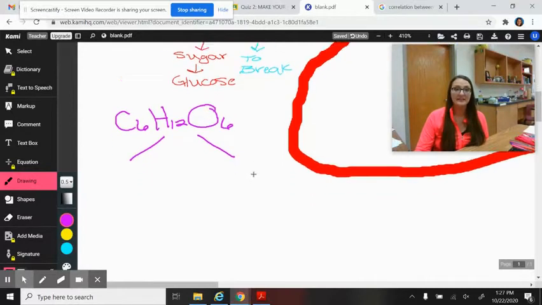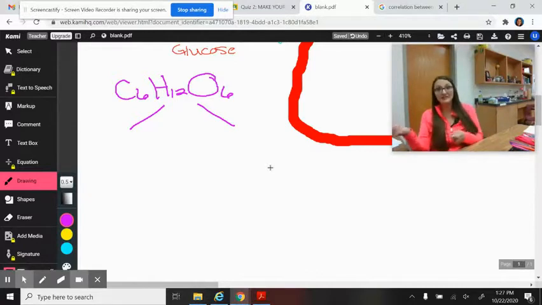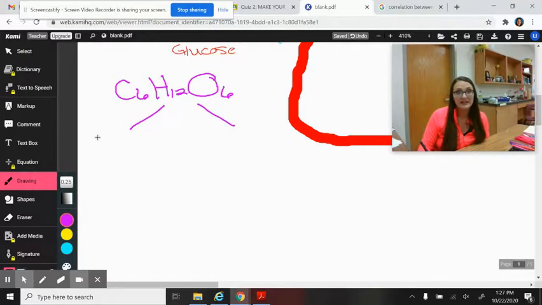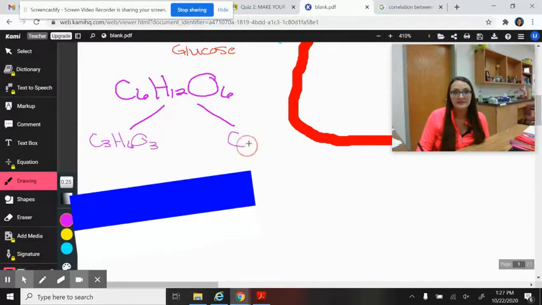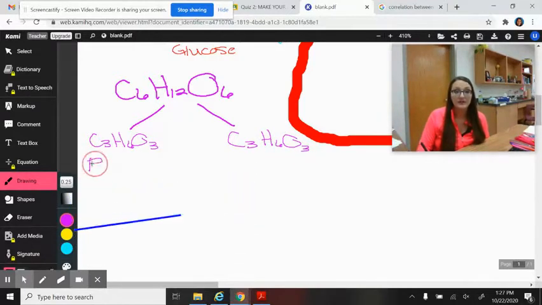And so the way I like to think of it is if you took a Twix bar and you broke it in half and you each got a half of a Twix bar. Kind of think of it like that, but on a chemical level. Okay, so the way I like to write it just to help me remember is C3H6O3. I like to just break it in half that way. So C3H6O3, and that's called pyruvate.